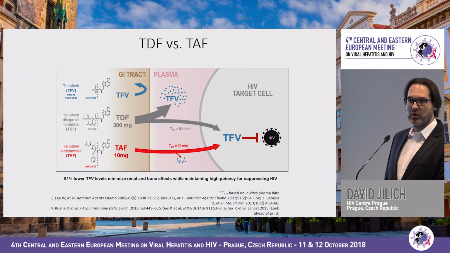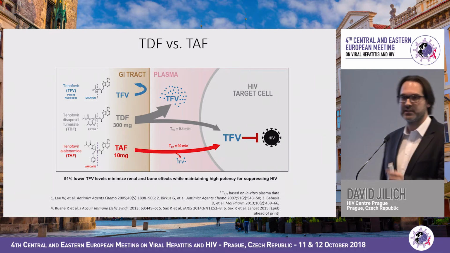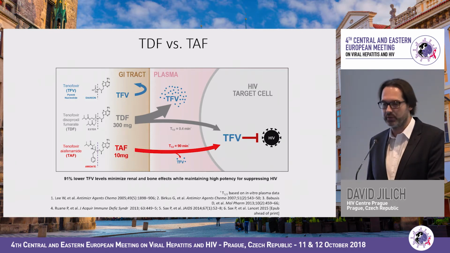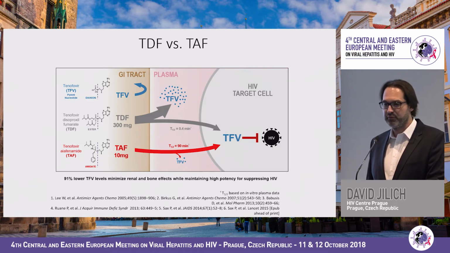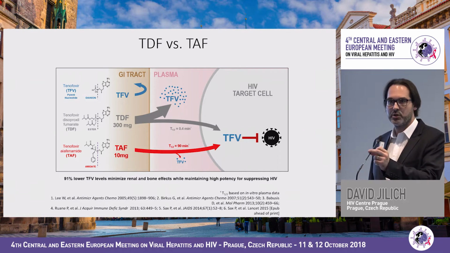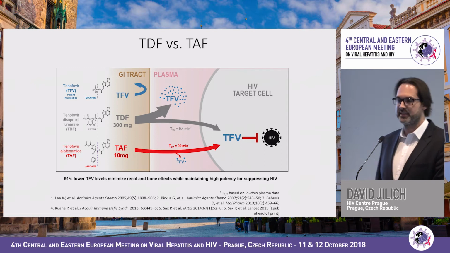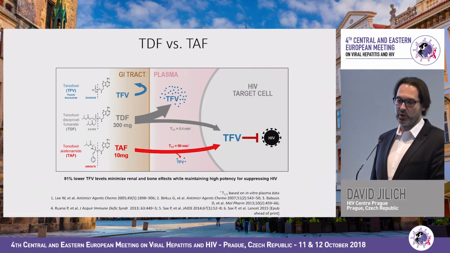I would like to start with toxicity, and I will use tenofovir as a good example, but not the only one. There are so many. As we all know, tenofovir, or better said TDF, the older version, has a large potential to cause nephrotoxicity, especially in a patient with pre-existing renal problems.